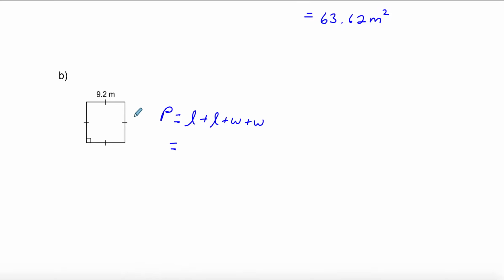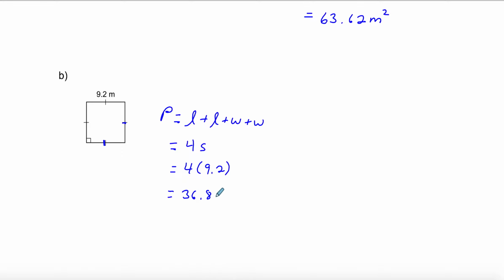In this case, these little markings mean that this shape has all four sides the same. So I could use 4 times the side, because they are all the same. So 4 times 9.2; I could add 9.2 plus 9.2 plus 9.2, but that just takes too long.